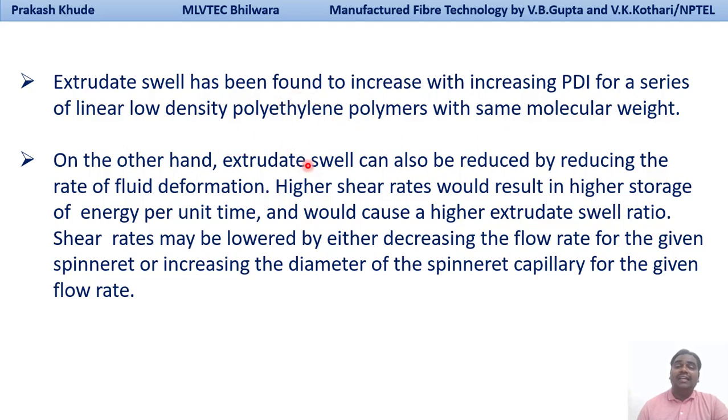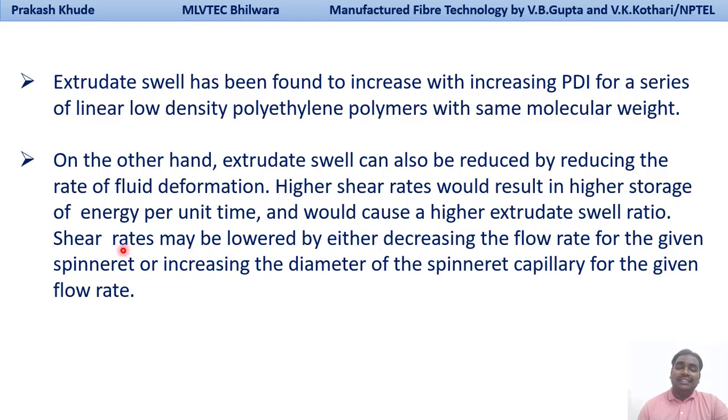On the other hand, the extrudate swell can be reduced by reducing the rate of fluid deformation. A higher shear rate also results in higher stored energy per unit time, which causes a higher extrudate swell ratio.